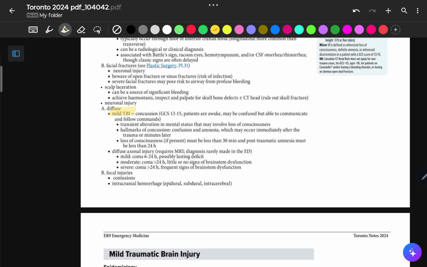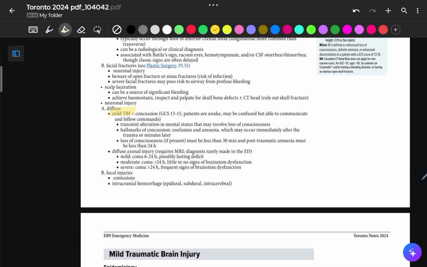You can have a diffuse type where the patient presents with mild traumatic brain injury, which is also known as a concussion. Usually the GCS is between 13 and 15, and patients are usually awake and may be confused, but they're able to communicate and follow commands.